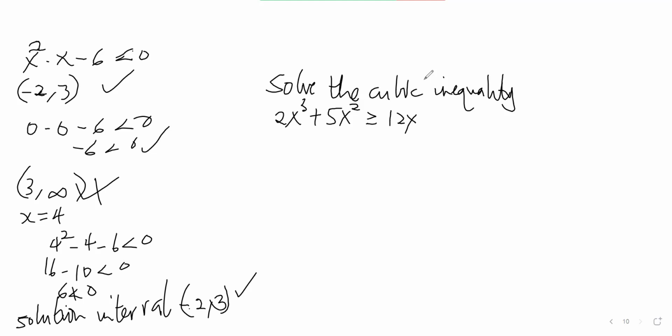We solve the cubic one. I'll give you a hint.